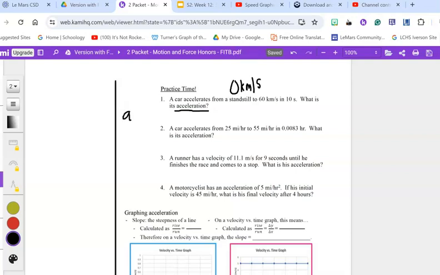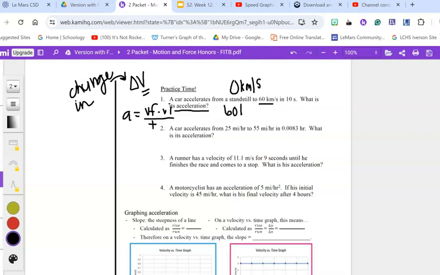The formula for acceleration is A equals VF minus VI over T. VF minus VI is also known as delta V. The delta symbol means change in. So I want to know the change in velocity, which is final minus initial. So what was the final speed? Oh, it was 60.